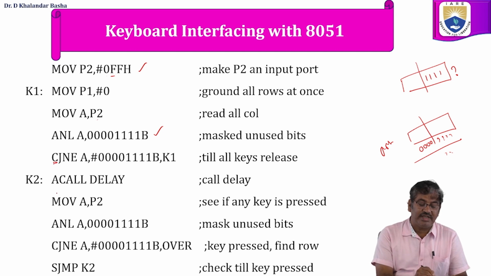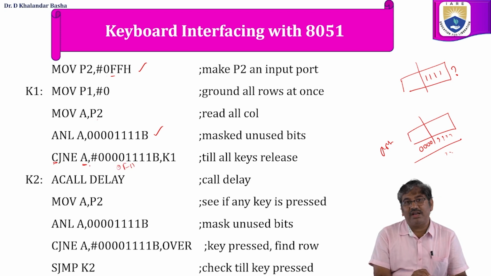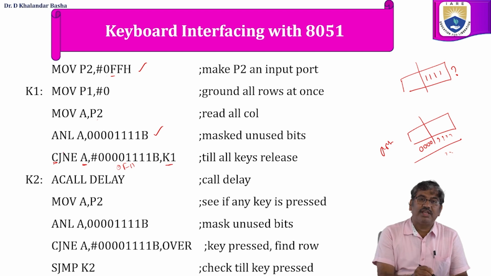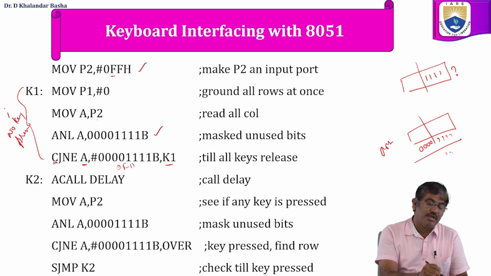So we compare the accumulator contents after ANDing with 0000 1111, that is 0FH. After comparing, if they are not equal, go to the label key 1. So this key 1 loop will be executed repeatedly if no key is pressed.